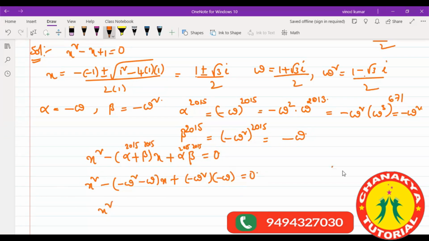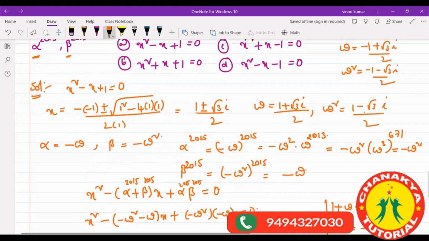Here 1 plus omega plus omega square equal to 0, so the sum is 1, and omega cube value is also 1, cube root of unity. So minus 1 into x plus 1 equal to 0. Finally, the answer is x square minus x plus 1 equal to 0. The first option is the answer.